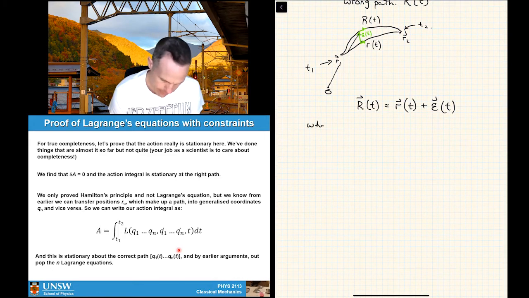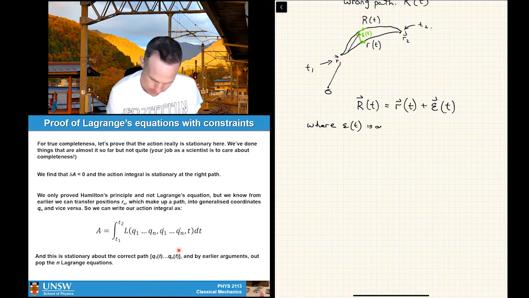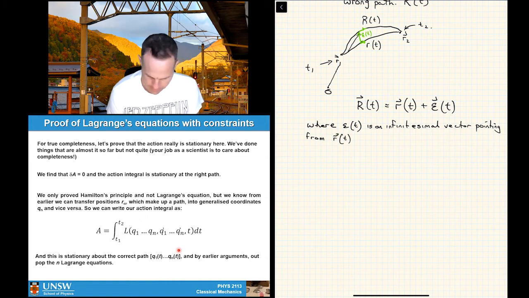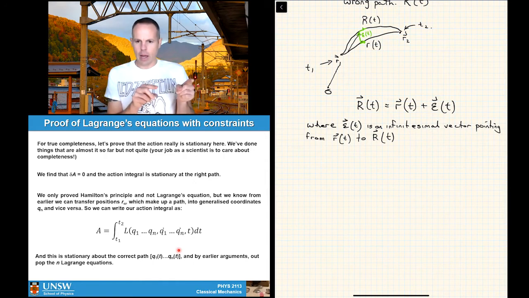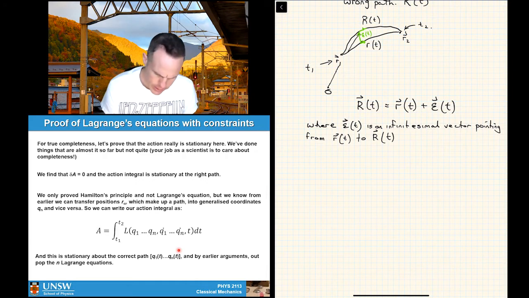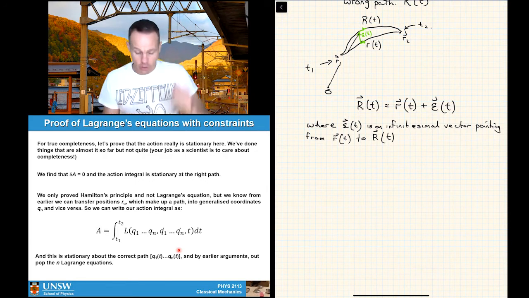where epsilon of t is an infinitesimal vector pointing from little r to big R. My drawing here is a little funny because I've actually drawn a non-infinitesimal vector.